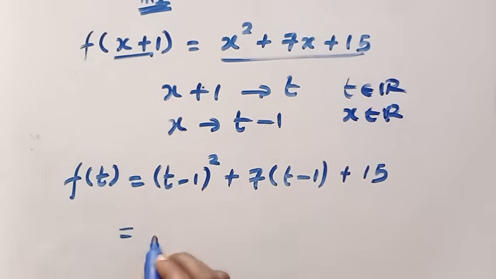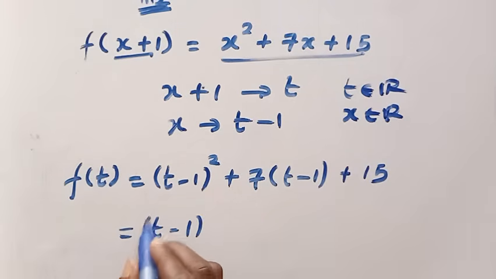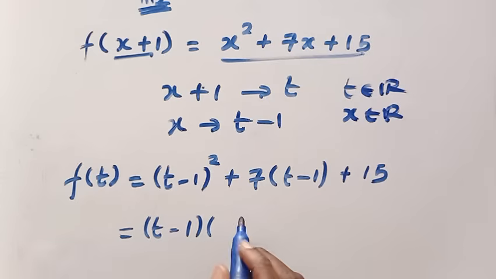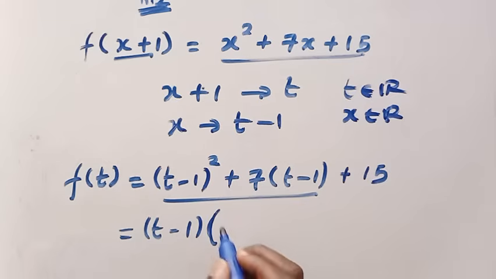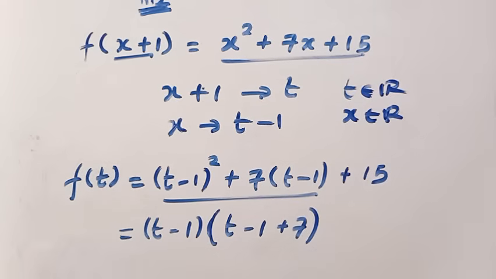By expanding, we have (t - 1) in 2 times, or let's say we have the whole of this. If I take out t - 1, here remains t - 1, then plus this remains 7, and here is plus 5. So I'm going to multiply this together.